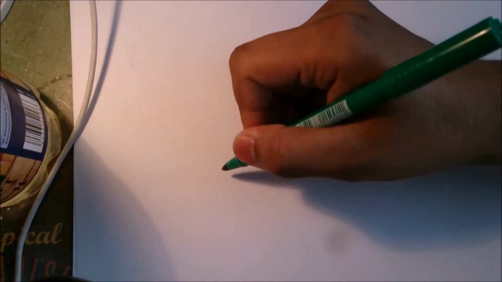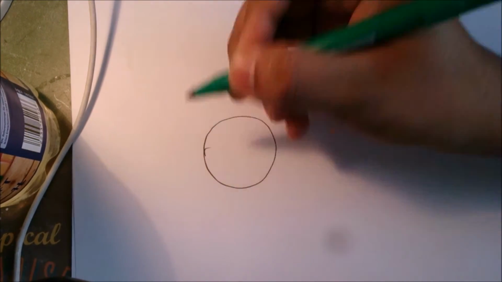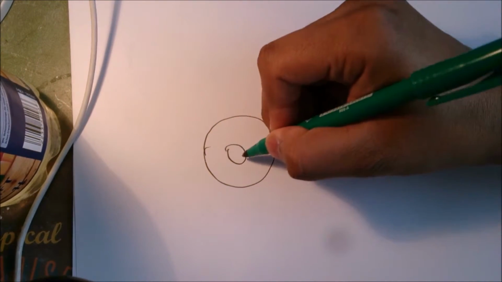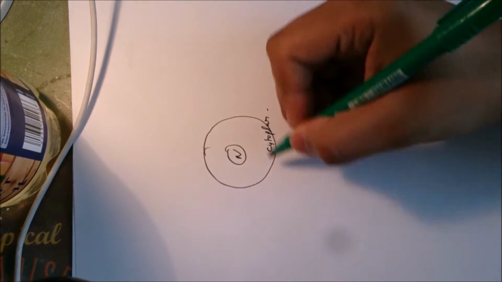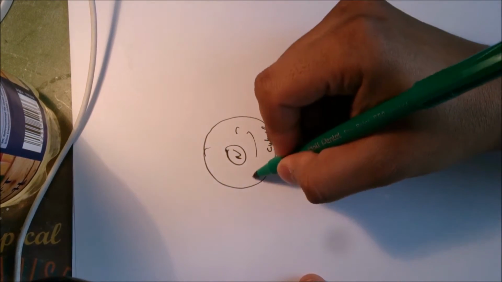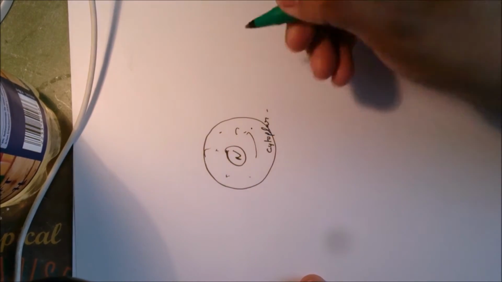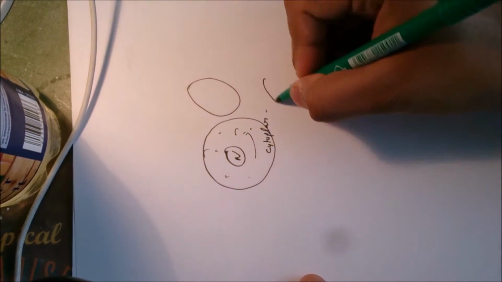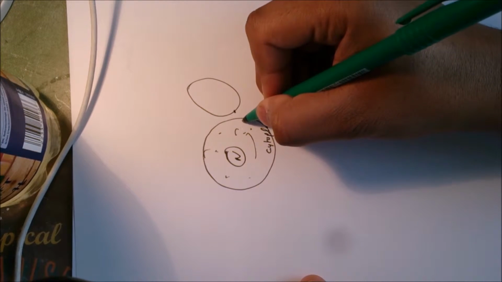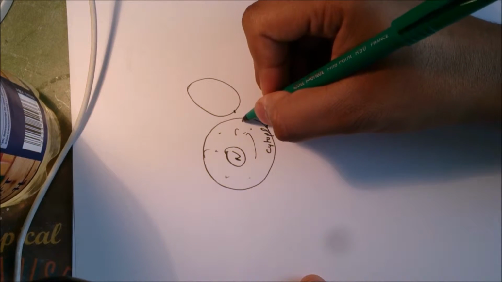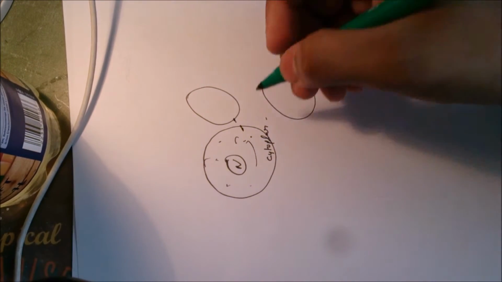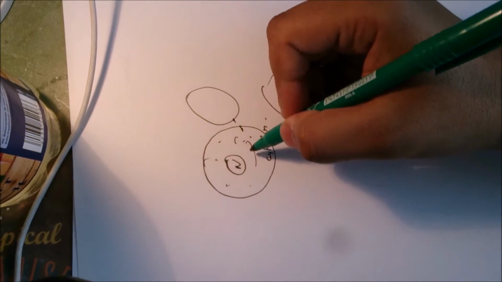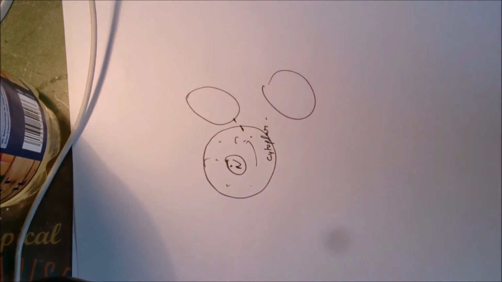So let's talk about a cell. We know that in a cell there is a nucleus and a cytoplasm, and a lot of cellular activities are going on in the cytoplasm. Then there are some neighboring cells which are communicating with the cell that we are studying, and a lot of activities are going on in the nucleus.